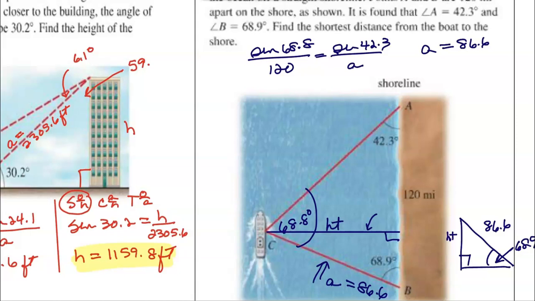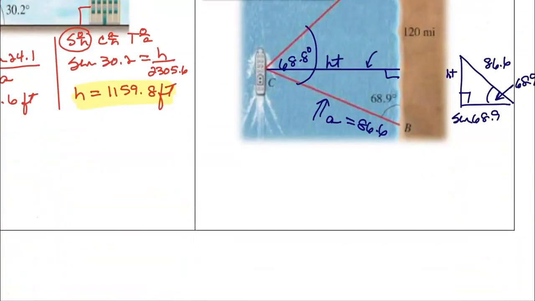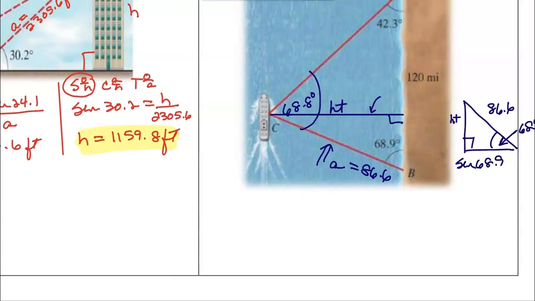So I can say from 68.9's position, the sine of 68.9 equals, whoops, so sorry, let me do it under here. So hold on, I'm going to take that and I'll move it down here.